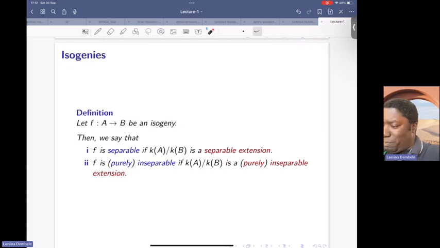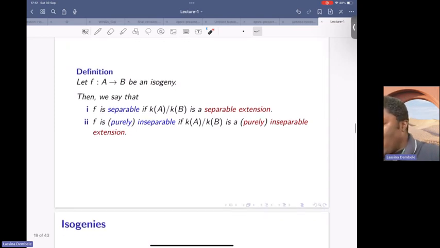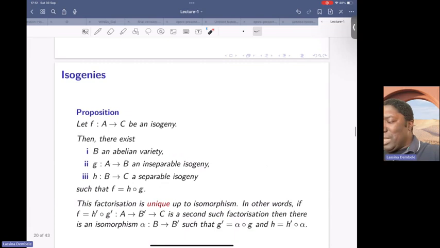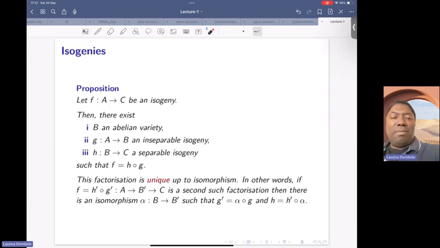And the following theorem is one that is extremely important for us, as we will see later. It basically says that you can always factor an isogeny into a product of two isogenies, one of which is inseparable and the other one is separable.